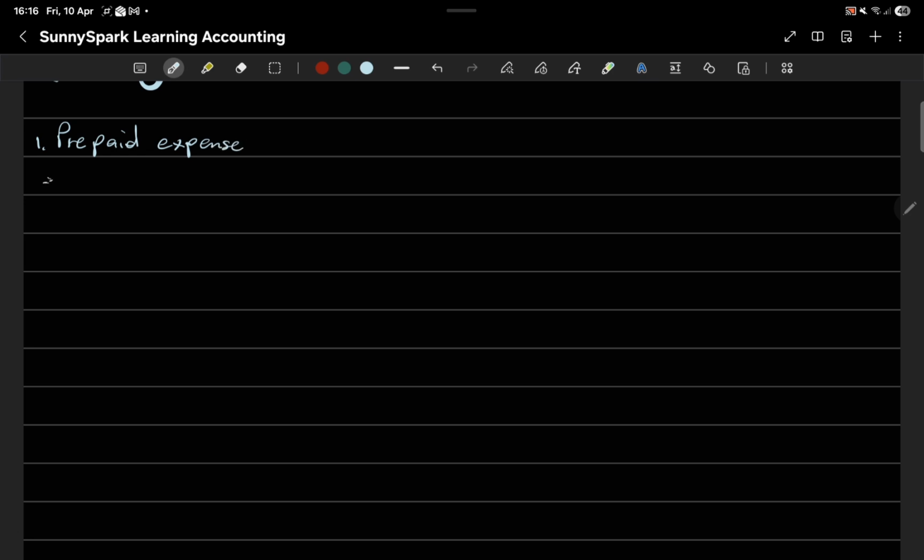For example, on the income statement, let's say the insurance amount. Insurance is the expense of the business, right? So let's say you decide to pay the yearly amount for insurance. Then the insurance company charges you, let's say 20,000 for the whole year.